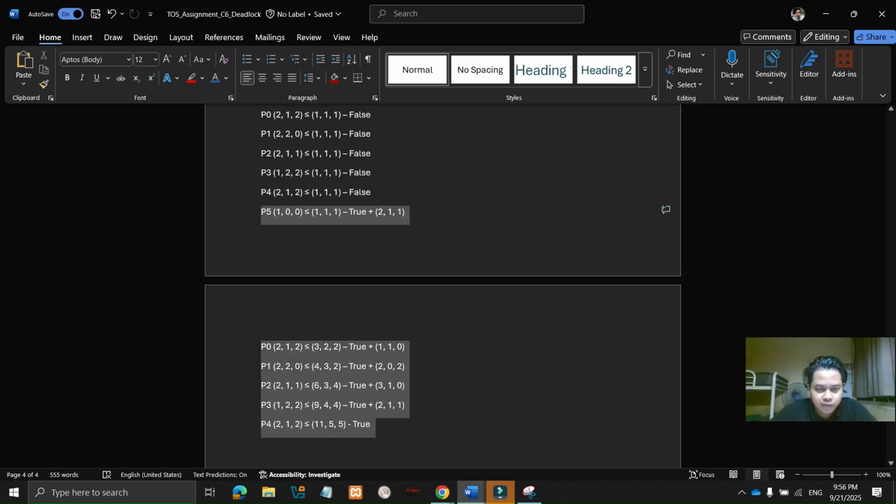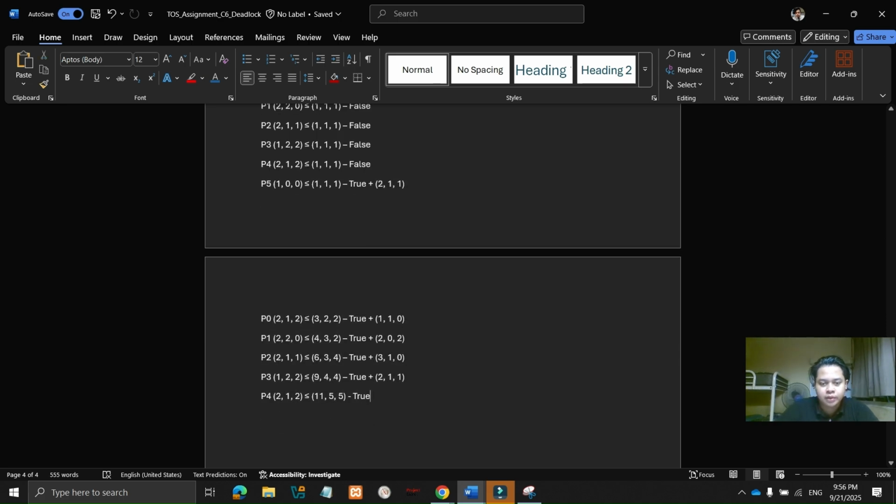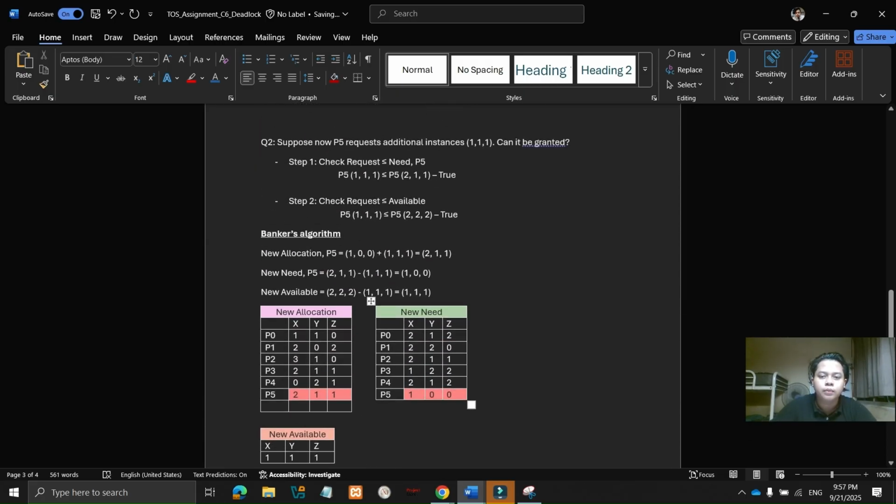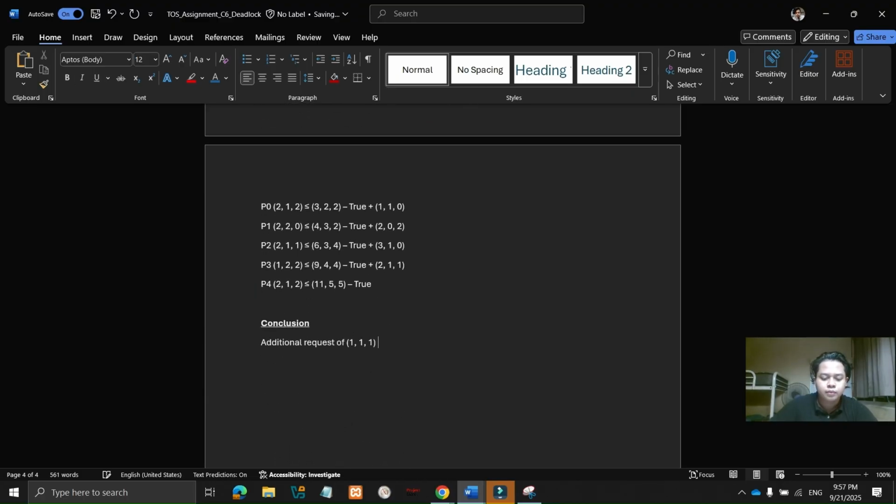So all of these processes are true, so we can conclude that the additional request of 1 1 1 from P5 can be granted because the system is in a safe state.